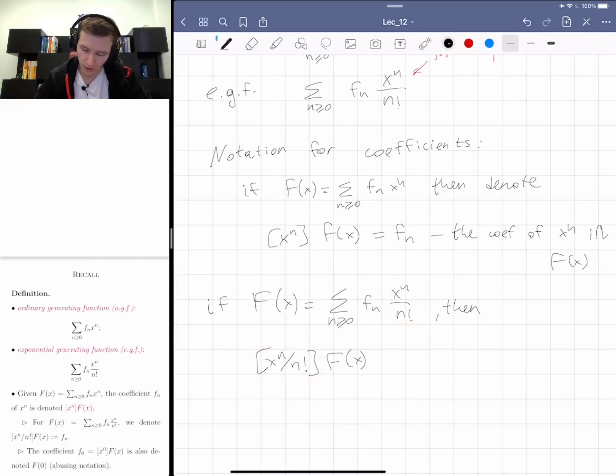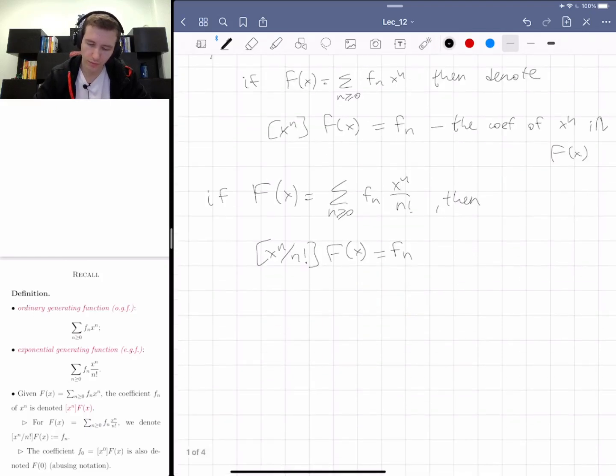That's going to be f sub n. So this is just notation for extracting these coefficients, and the most important one is going to be the constant term. The constant term is going to be denoted either [x^0] f(x), or also f(0). That's just f_0.